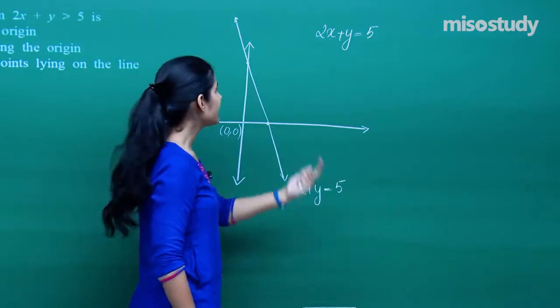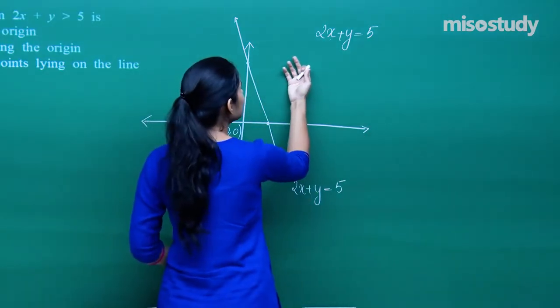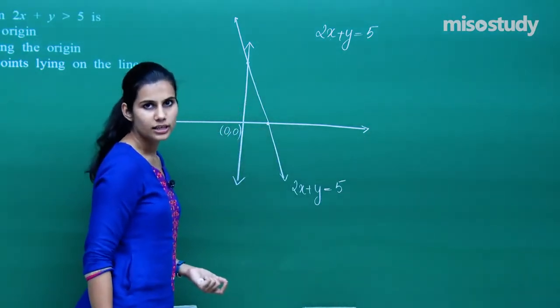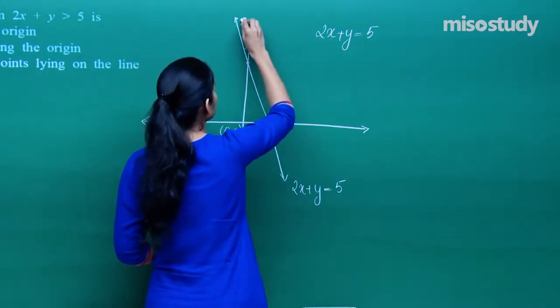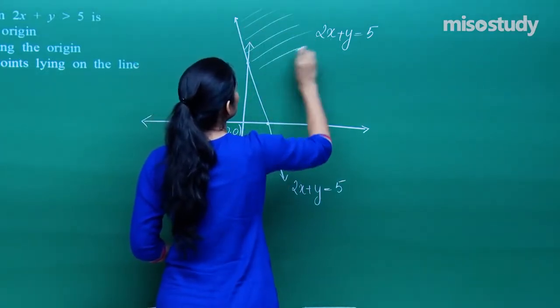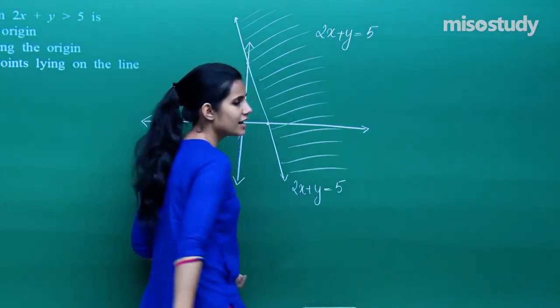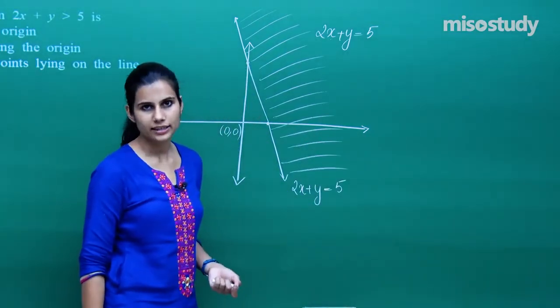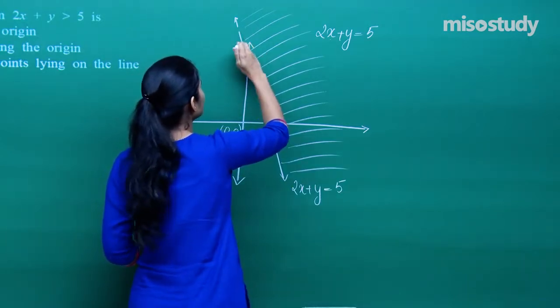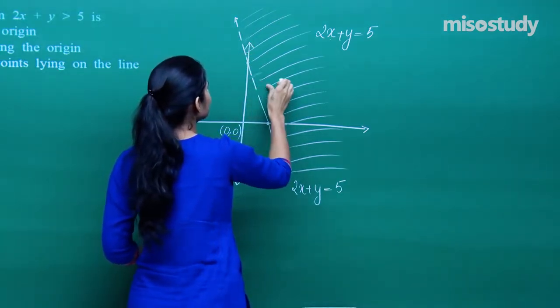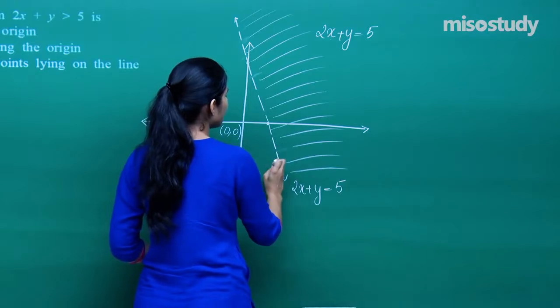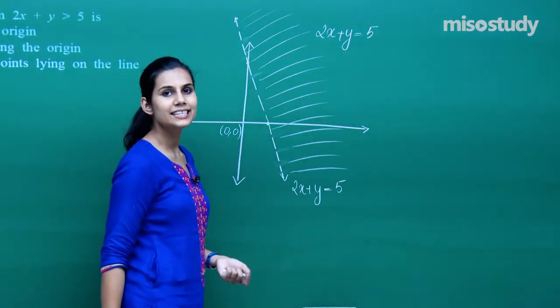I want 2x plus y greater than 5, which is towards the other side, the other region, which is not containing the origin. So this is that region which consists of all the points x comma y for which 2x plus y is strictly greater than 5. I am not including this line because on this line lie those ordered pairs for which 2x plus y is equal to 5.